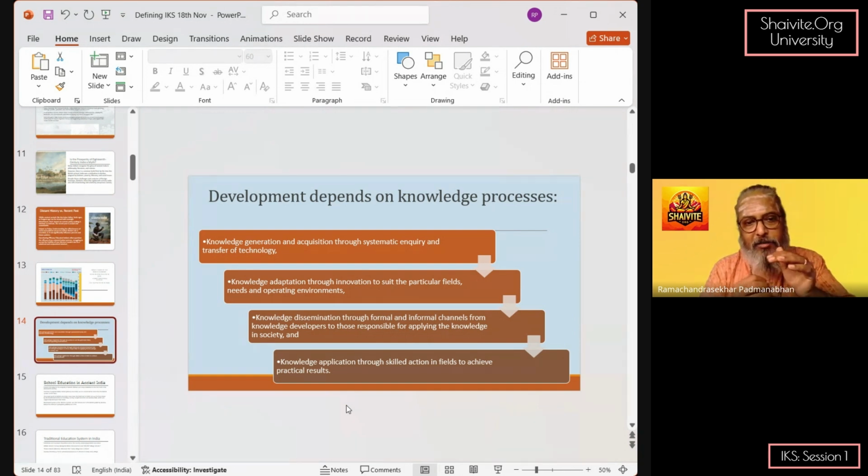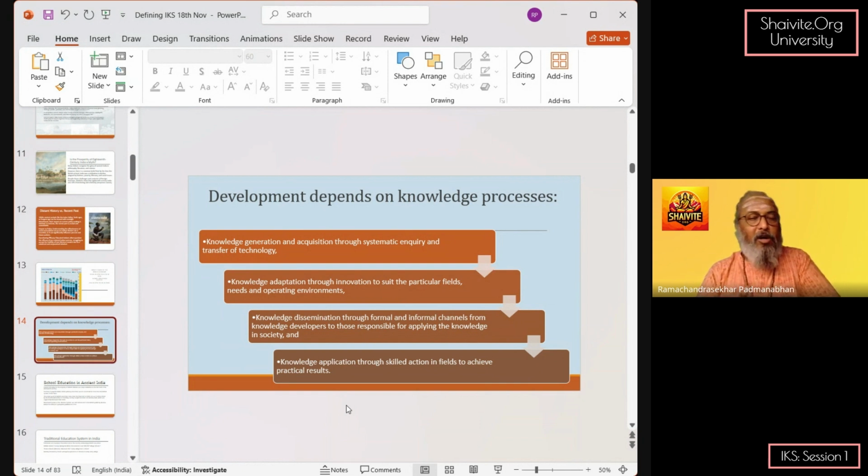So the knowledge has to be adaptable to suit the requirements of the various fields, the needs, and the limitations of the operating environments. The next stage is the dissemination of the knowledge.